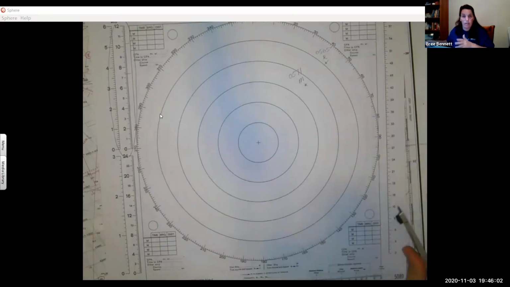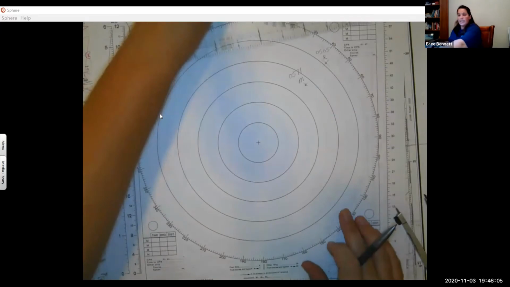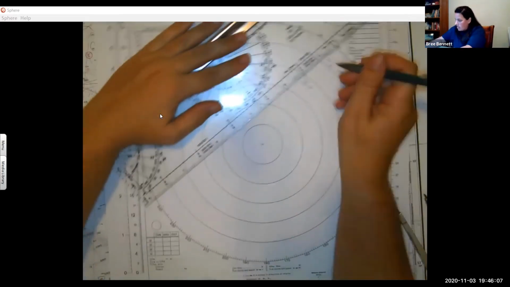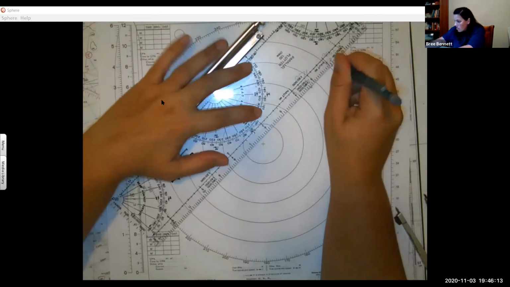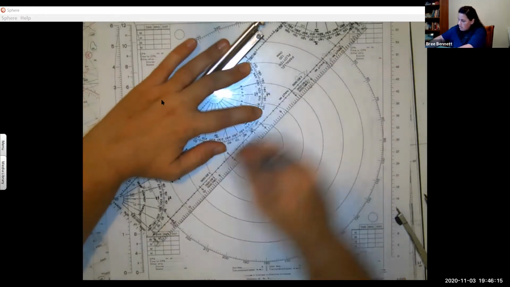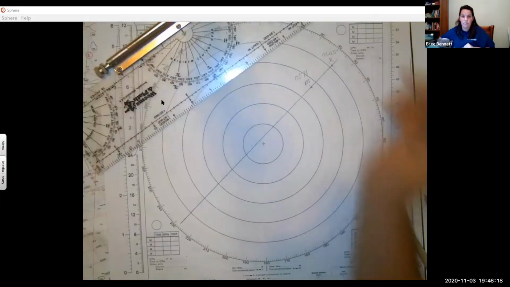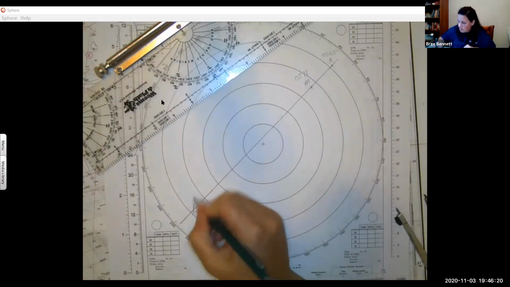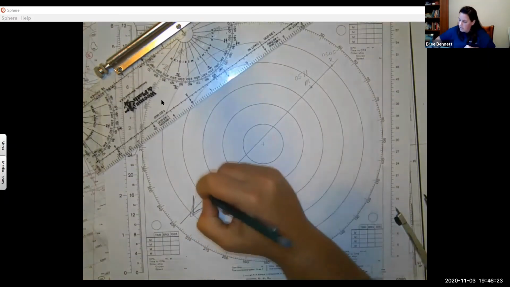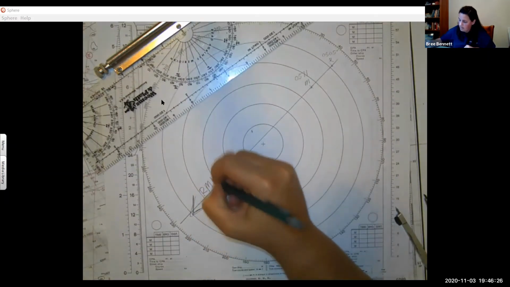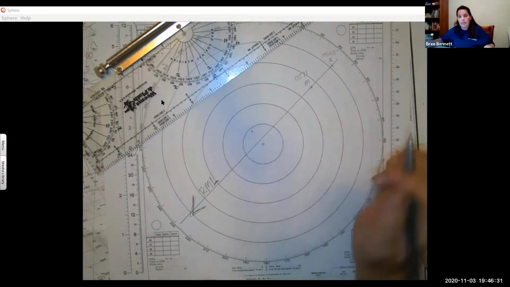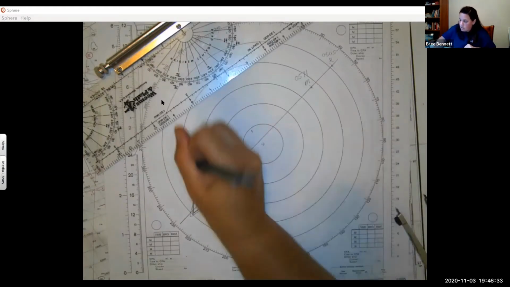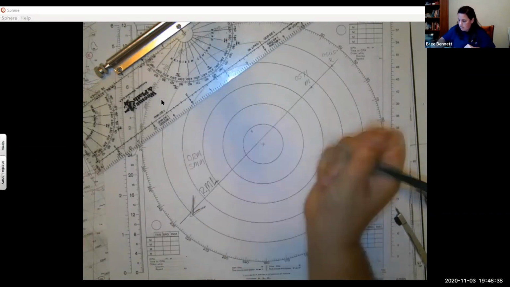Now to create our relative motion line, we just connect R and M. This is my relative motion line. Now I want to figure out my direction of relative motion and my speed of relative motion.